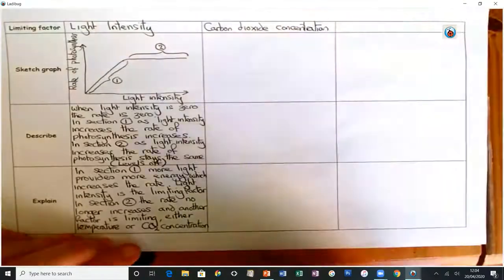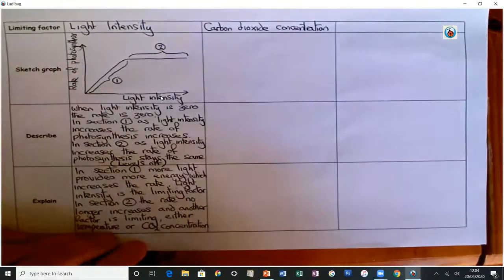So there's our heading. Now the graph for this looks almost identical to the graph for light intensity, except our x-axis is carbon dioxide concentration, not light intensity.